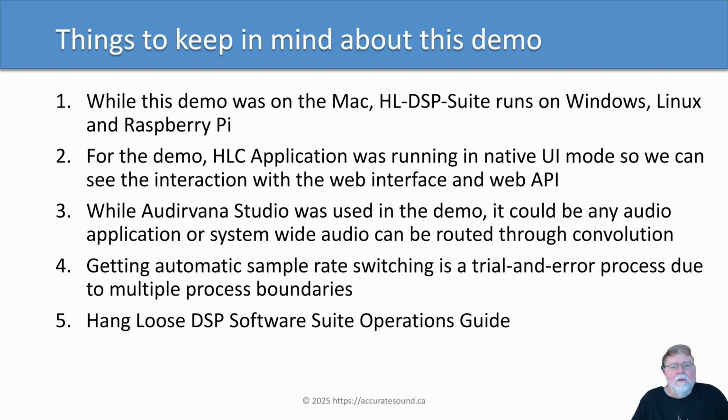While Audirvana Studio was used in the demo, it could be any application on any platform or system-wide audio on any platform as well. Getting automatic sample rate switching is a bit of a trial and error process due to the multiple process boundaries, but as we can see in the demo, for the Web API, the surefire way is to use the Web API to signal a sample rate change to the convolver, and it happens very quickly, so quickly that it will not be noticeable.